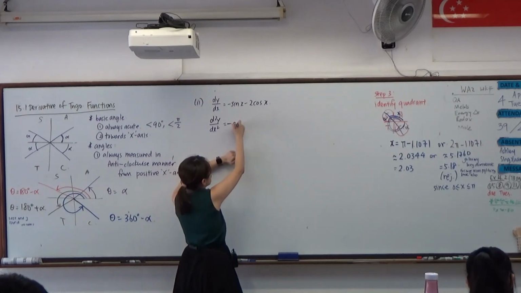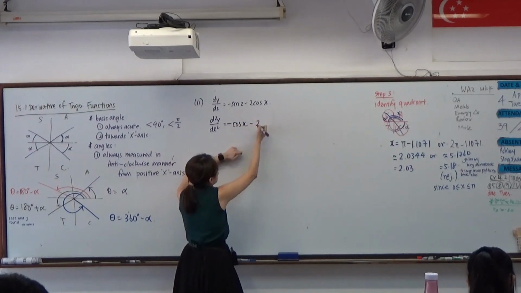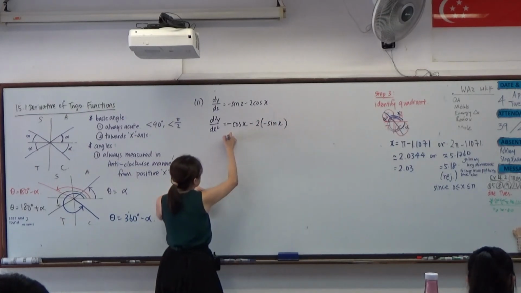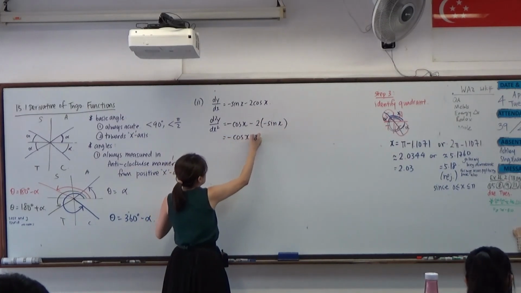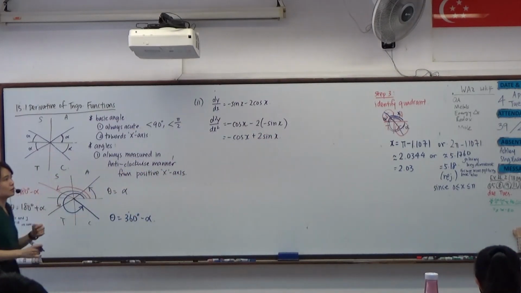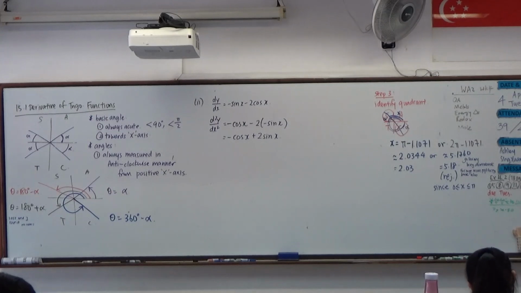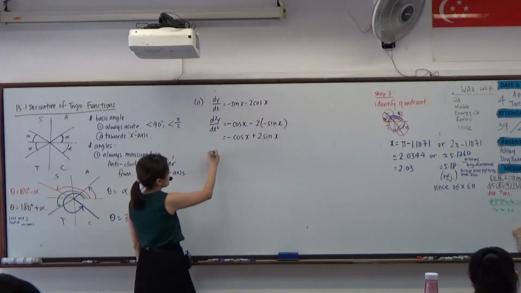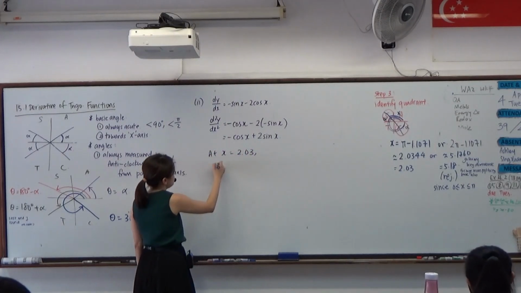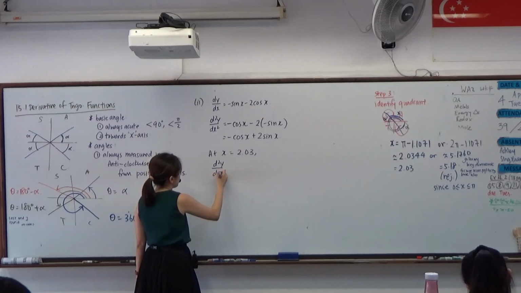Differentiating sine will get cosine. And then differentiating cosine, I will get negative sine. So the second derivative will be negative cosine x plus 2 sine x. At x equals 2.03, we sub it into our second derivative.